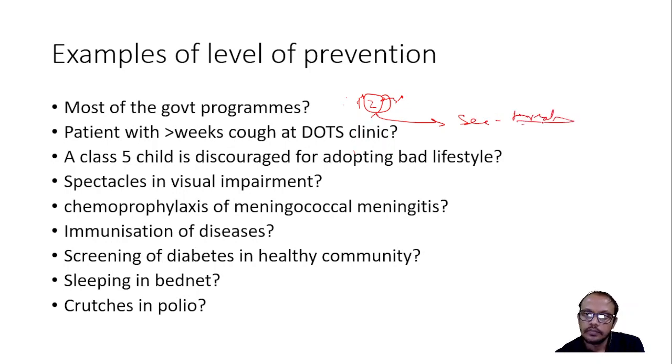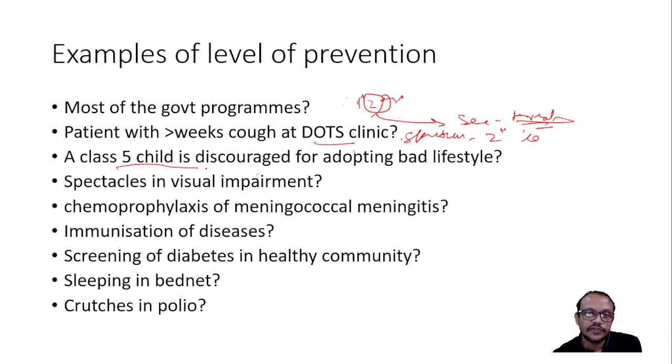They contain the primary part as well, health promotion, health education and specific protection, and the tertiary part to reduce complications, but the major part is treatment. A patient with more than 2 weeks of cough at a DOTS clinic: you have to do sputum examination. It is early diagnosis and treatment, that is secondary level of prevention.